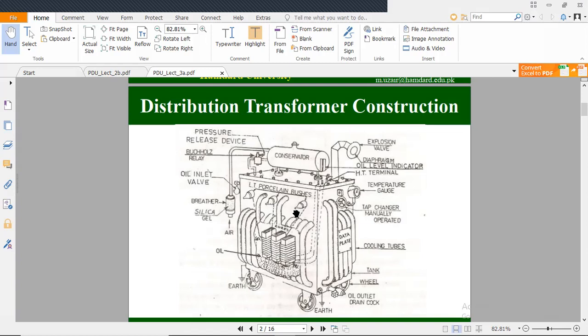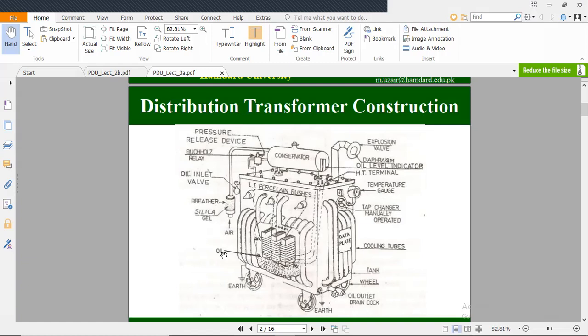Moisture, if present in this section, can act as a conductor, and in this section we need insulation. So that's the reason we use silica gel: to prevent moisture from the air. For this particular purpose we are using this technique.